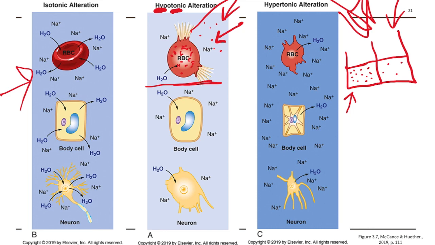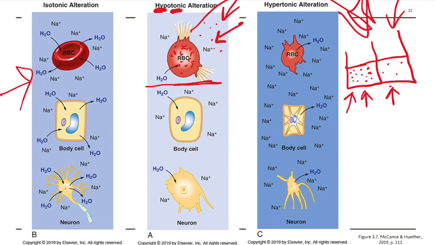What's going to happen? The body wants to create equilibrium. It wants the percentage of solute to water to be equal. And it's clearly not. The percentage of solute to water outside of the cell is very, very low, and inside it's very, very high. So what's going to happen? The water is going to move because we can't move the solute.